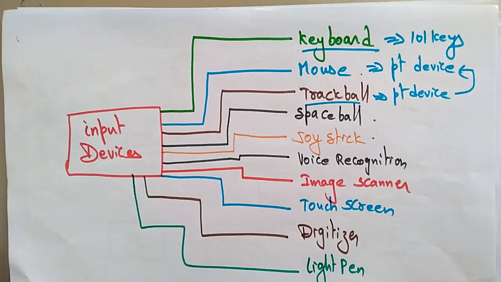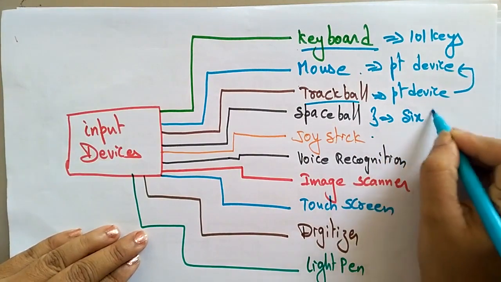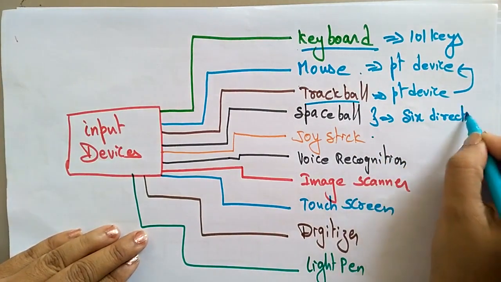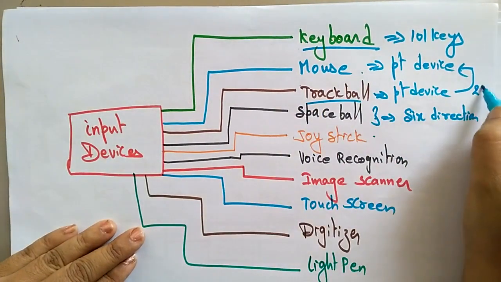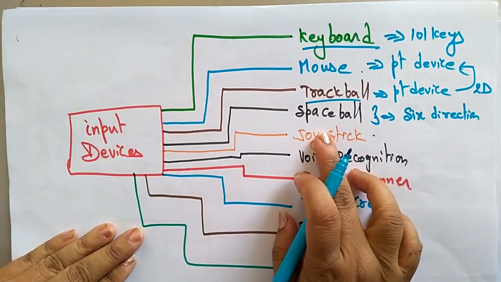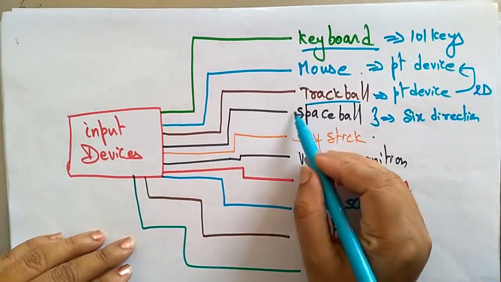Next is a spaceball. Spaceball is similar to a trackball, but it can move in 6 directions, whereas the trackball moves in only 2 directions. So where do we use this spaceball?